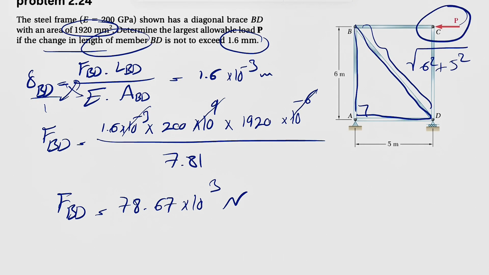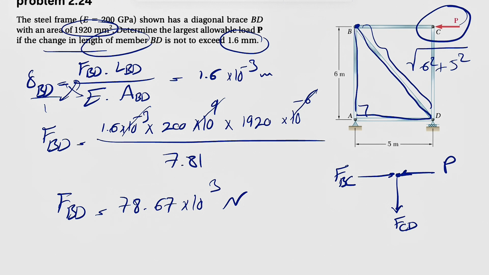What the question is asking is the load P that we are applying in here. If you look at the joint C, and if we just draw the free body diagram for joint C, we have P, we're going to have a force in member BC, and we're going to have one force in here, FCD. And what we are interested in here is the force BC, because that way we can move on to the joint B after this.